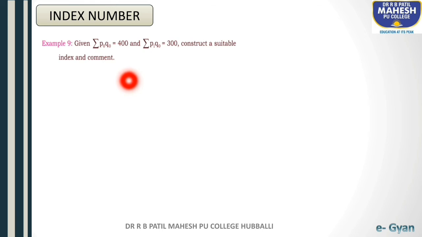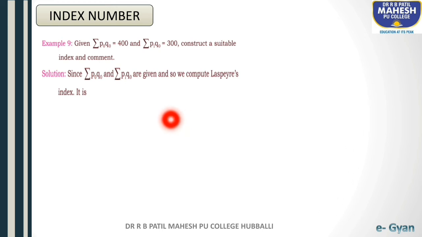As per the data, you have to write the suitable formula, then solve this one. Summation P0 Q0 is given, summation P1 Q0 is given. So which one is suitable? Laspeyres formula is suitable, since summation P0 Q0 and summation P1 Q0 are given, so we compute the Laspeyres index.